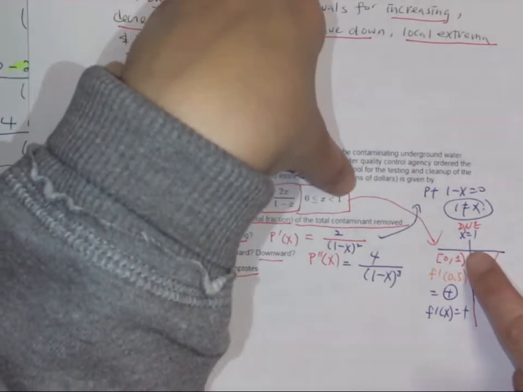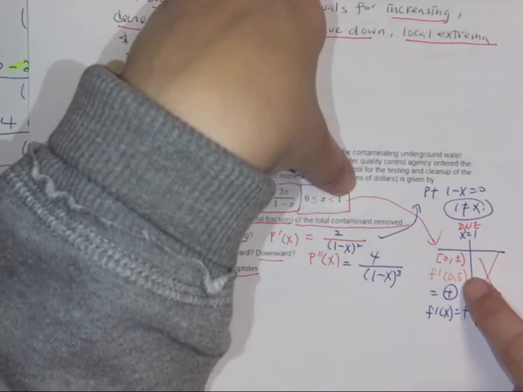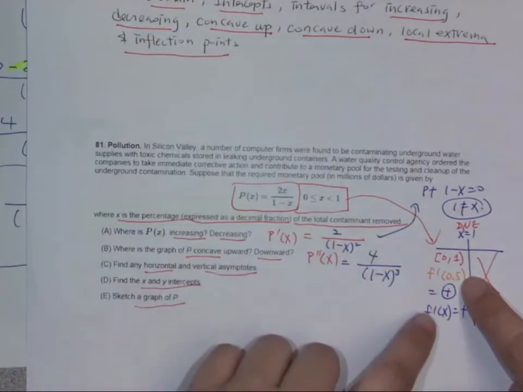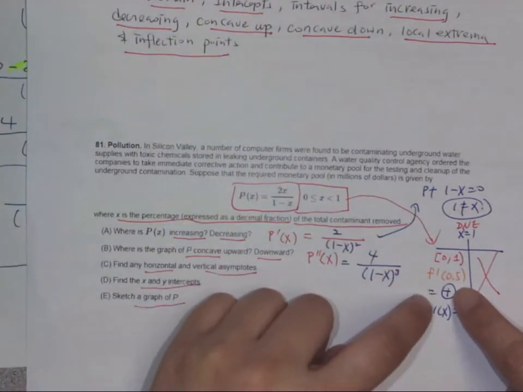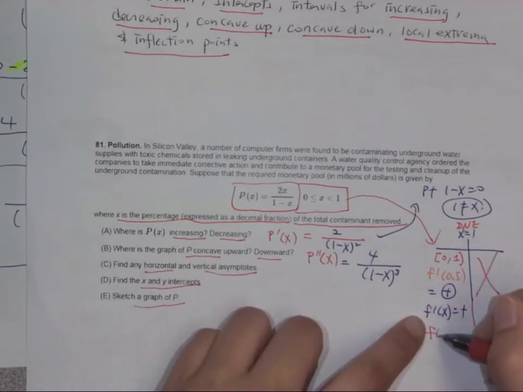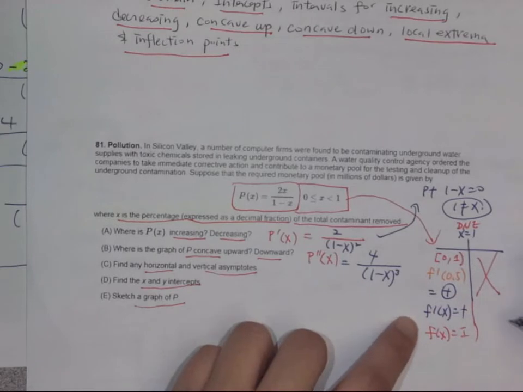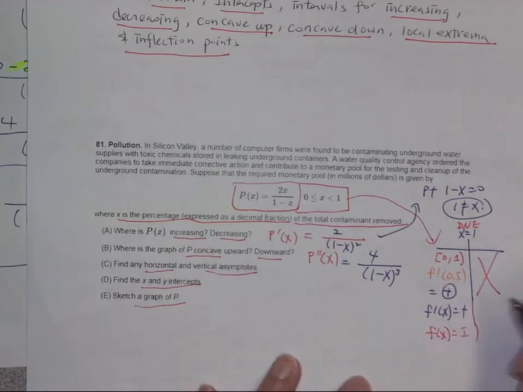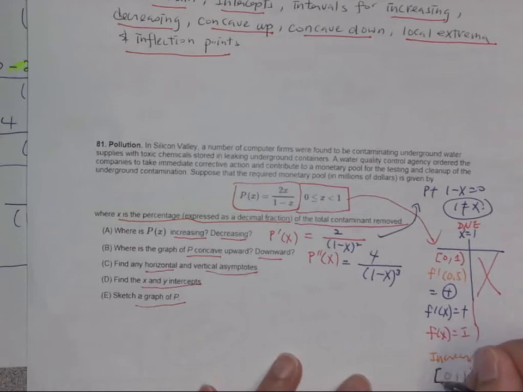So I only need to test between 0 and 1. When I plug in 0.5 for my first derivative, I got a positive. So first derivative positive means the function is increasing. So increasing between 0 and 1, but no decreasing.